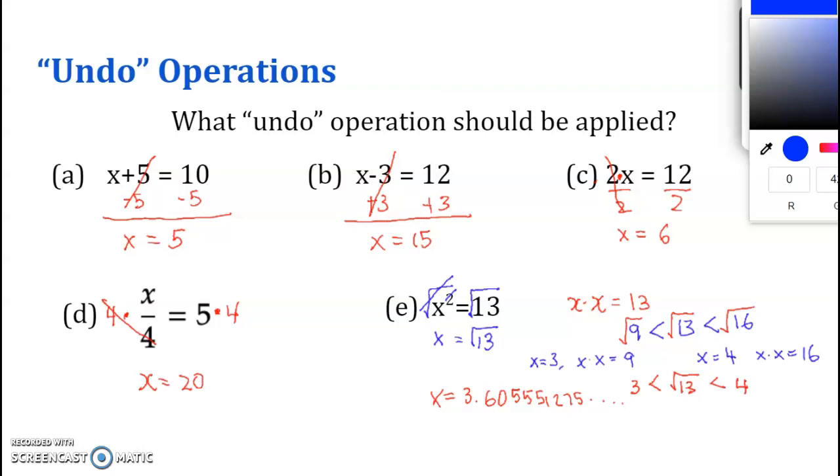Now, if I said find the value to 2 decimal places, what does that mean? That means there is my decimal point right there. After the decimal point, you go 2 more digits, and you're going to cut it off right here. But before I cut it off, I need to consider the next digit. The next digit is 5.